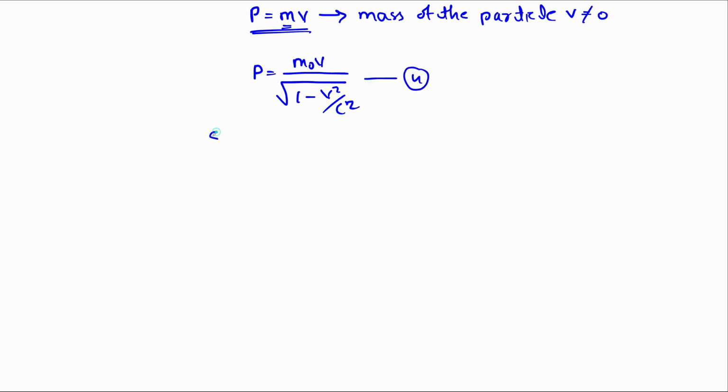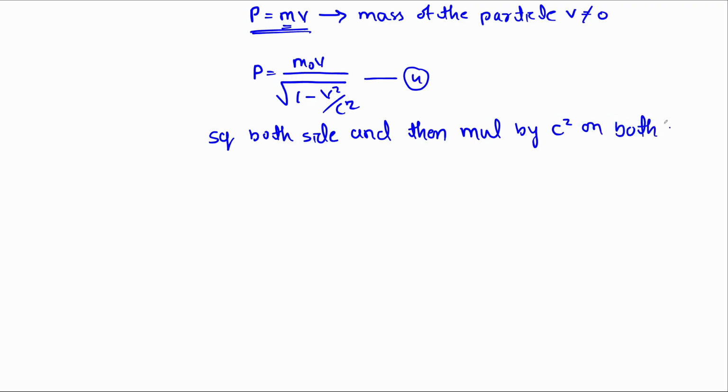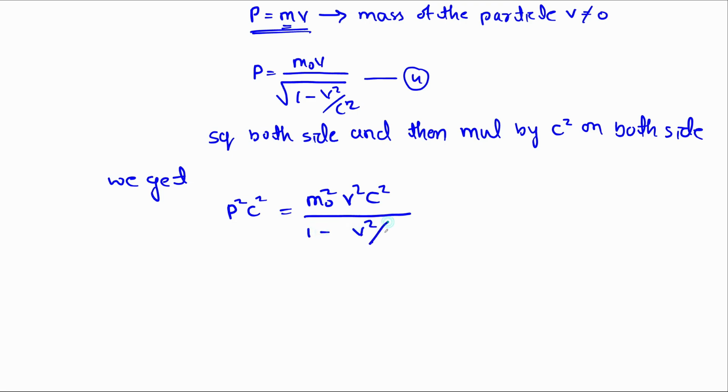Squaring both sides and then multiplying by c square on both sides, we get p square c square equals m naught square v square c square divided by 1 minus v square by c square.